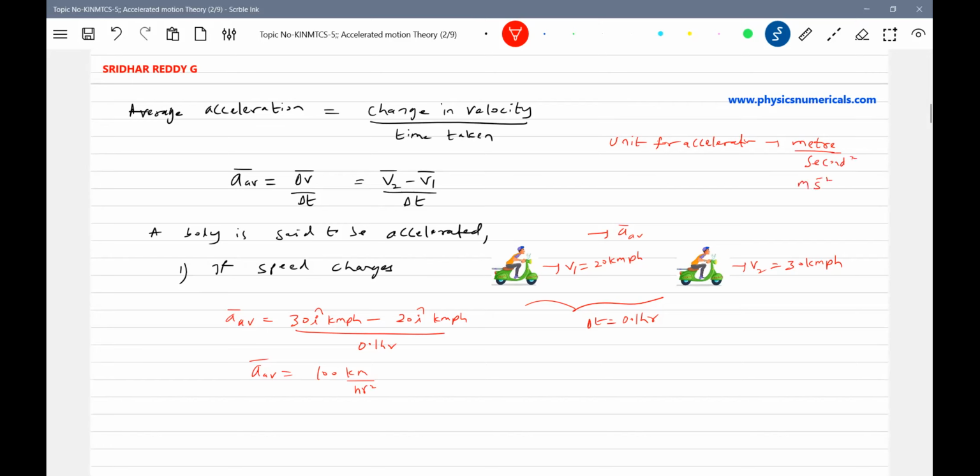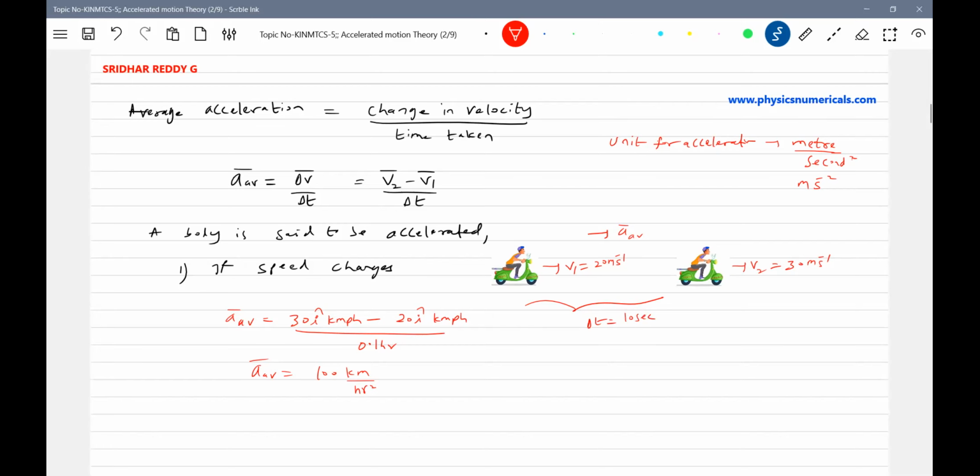So I'm expressing it in terms of kilometer, or if you want, you can convert it. Or instead of 20 kilometer per hour, you write 20 kilometer per second. It will be much easier for you. I'm finding hours difficult. Let it take around 10 seconds.